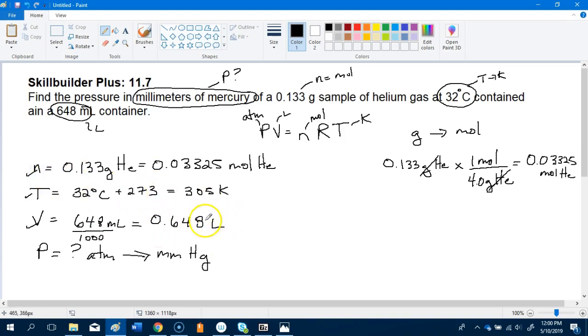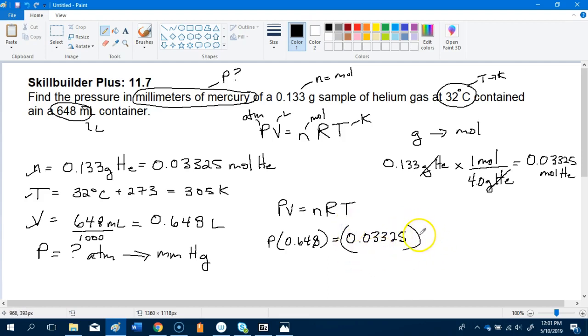Okay, now that I have my units converted, I can now go ahead and plug them into our ideal gas law. So we're looking for pressure. Our volume is 0.648 liters. Our amount is 0.03325 moles.